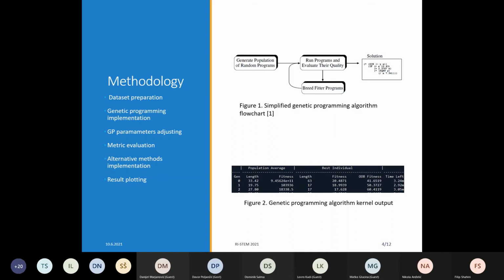In figure 2, we can see the output of the genetic programming in the Python console, which displays the best individual and population averages, length and fitness. Also, we have used the decision tree regressor and random forest regressor methods to confirm or refute the results of genetic programming, and compare results of predicted values and metrics.